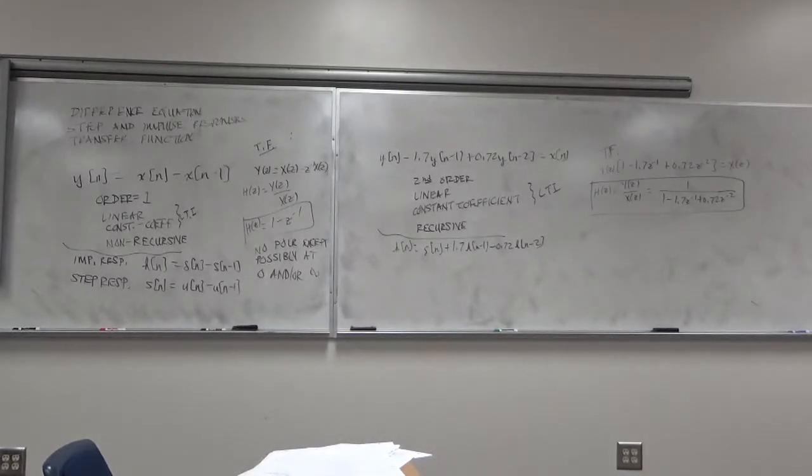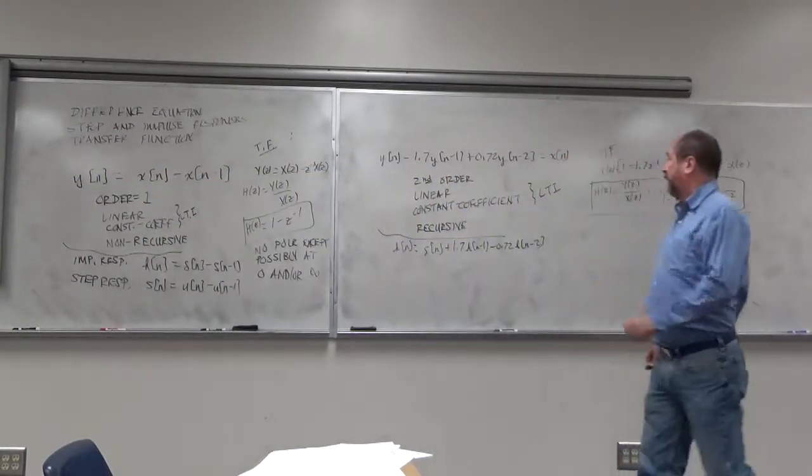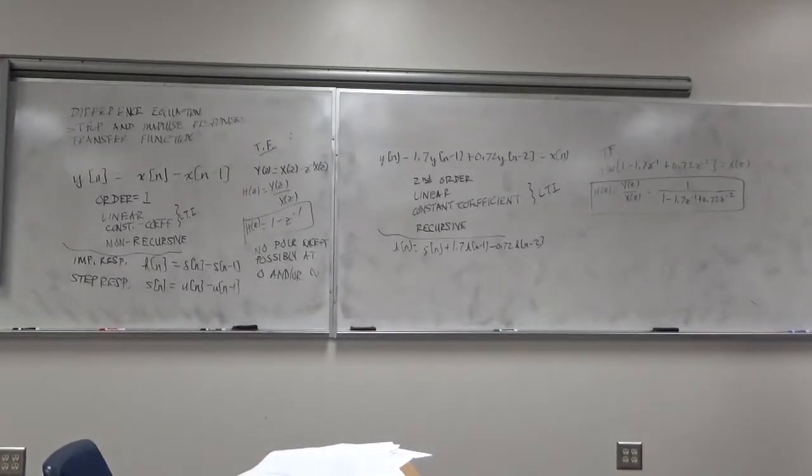It actually does, doesn't it? Plug in 0, you get a pole? Yeah, everybody agree? Okay, now, for recursive systems, the transfer function has a denominator. When it has a denominator, that means wherever the denominator goes to 0, you have poles.